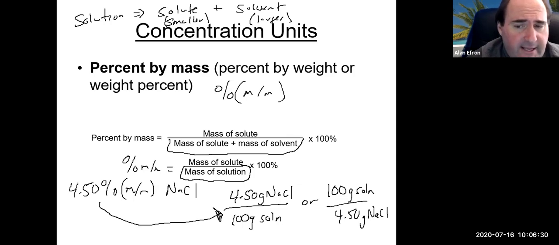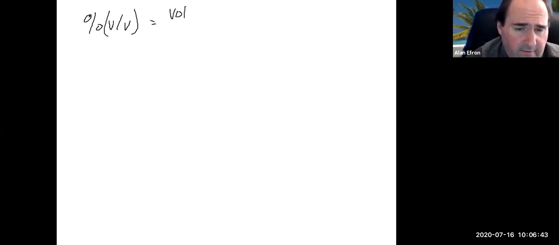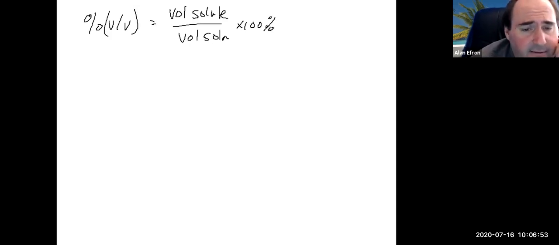Now, in addition to percent mass to mass, there's also a couple of other percent concentrations. There's percent volume to volume, like in alcohol. That is the volume of solute over the volume of solution times 100%. And this is basically milliliters over milliliters is usually how we think about it.